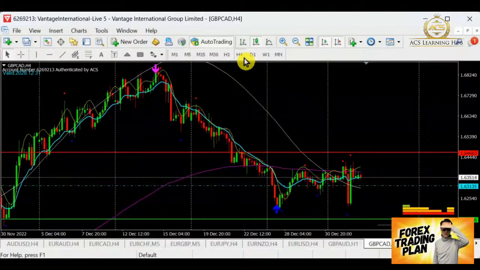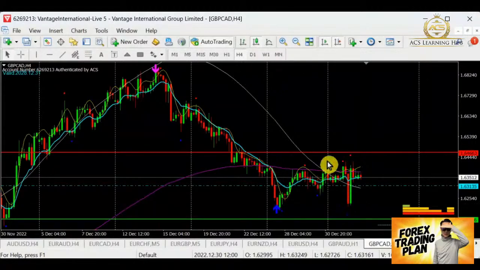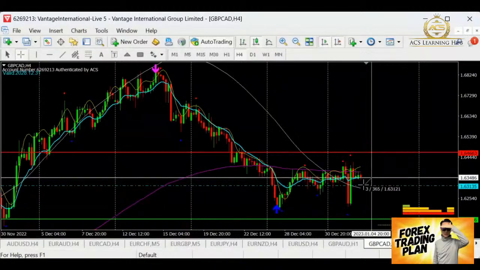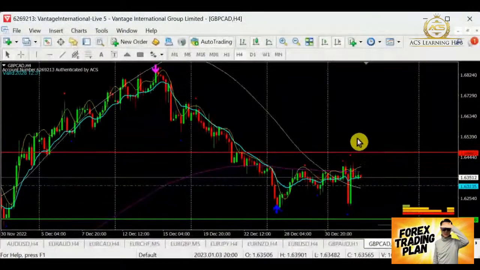Did we manage to find a support over here? Yes, we have met up with a support right at this point here, and we are going for a buy. Here you can see it is up for short-term selling. This short-term selling may give the push. So for Pound CAD, I'm going to stay away for now.